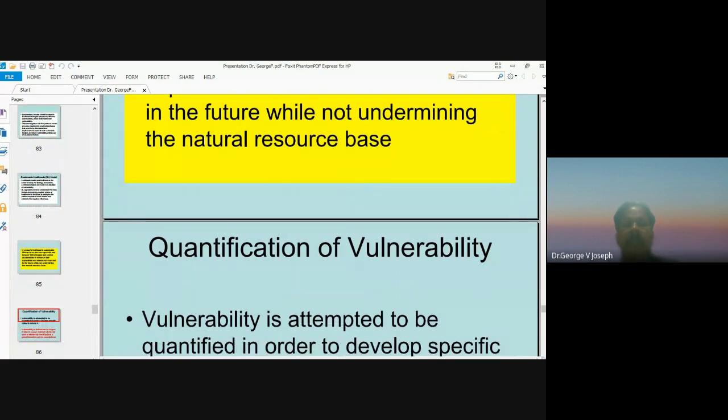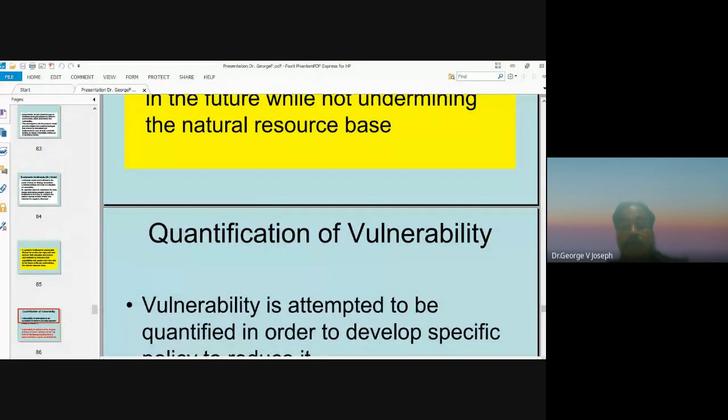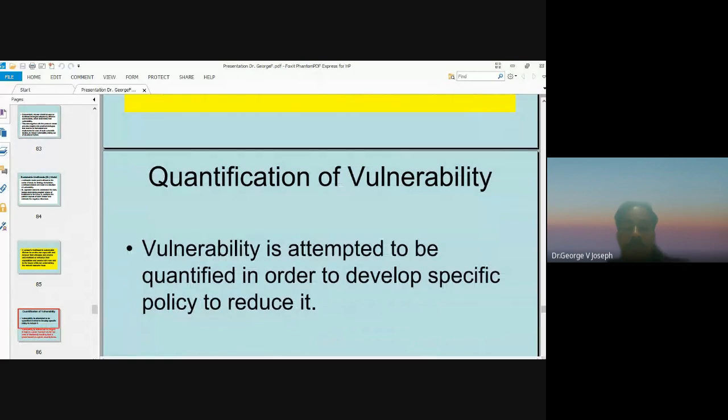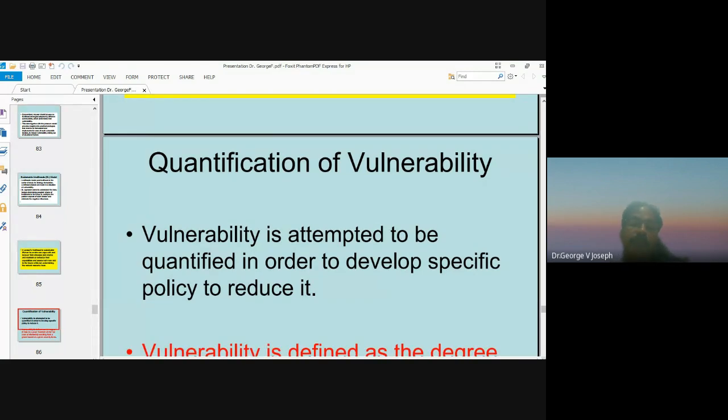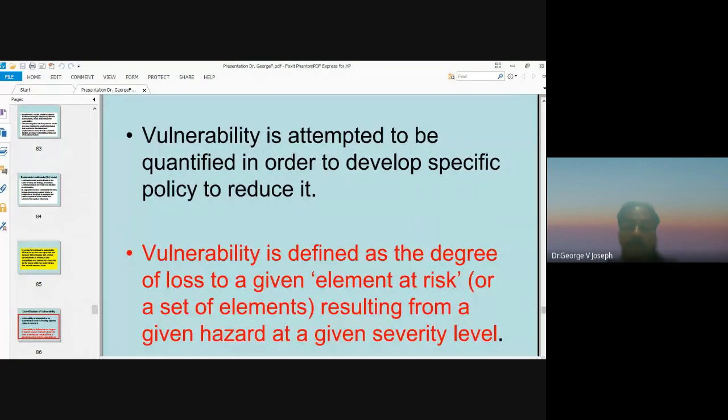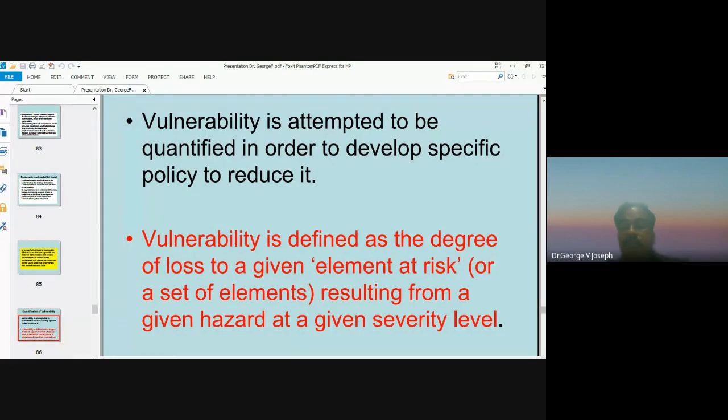And there are also ways of quantifying the vulnerability. Vulnerability is quantified in order to develop specific policy to reduce vulnerability. So it can be quantified in terms of how many people are getting affected. Vulnerability is defined as the degree of loss to a given element at risk resulting from a given hazard at a given severity.